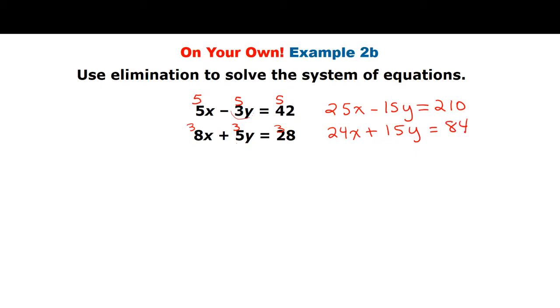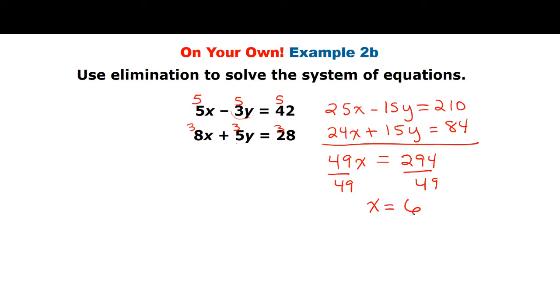All right, so far so good. I hope you're all getting that. So 25 plus 24 is 49x, and our positive and negative y's go away, and then that just leaves us with 294. And amazingly, when we divide both by 49, it comes out even to x equals 6.